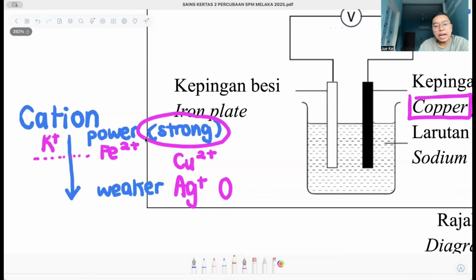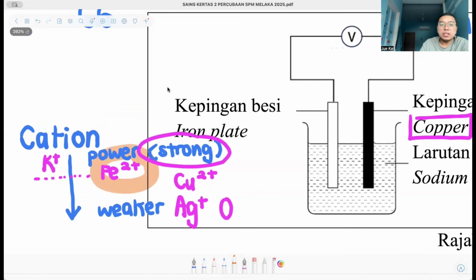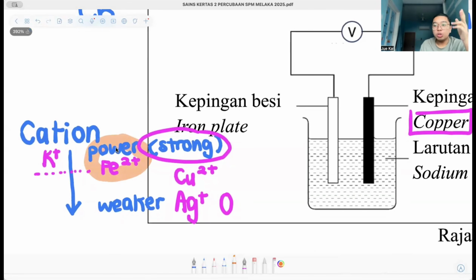So, when I change to Fe2+, it started to react. When it started to react, that means electrical energy is produced. Am I right? Yes or no? So, when I change to iron 2 ion, it starts to react.